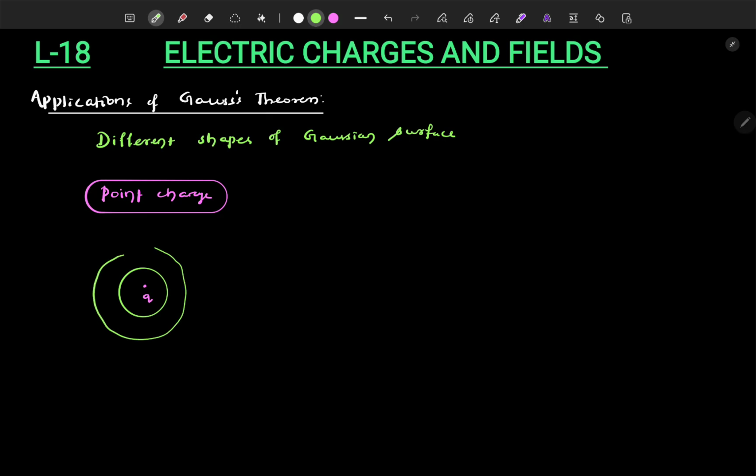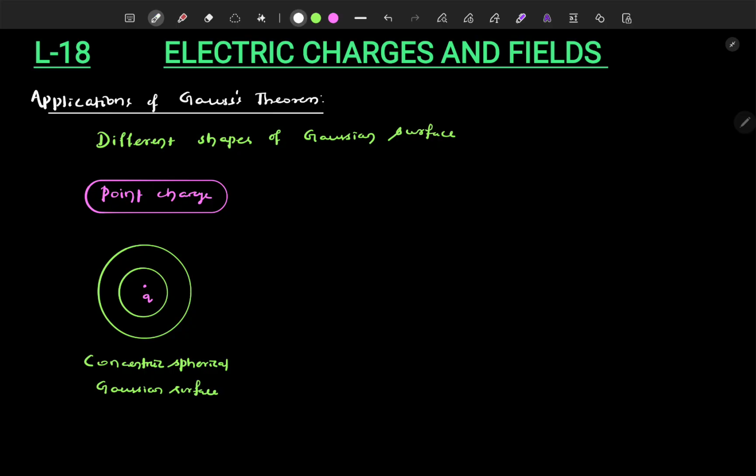Concentric spherical Gaussian surface. So these are the Gaussian surface. So here you have to write concentric spherical Gaussian surface.